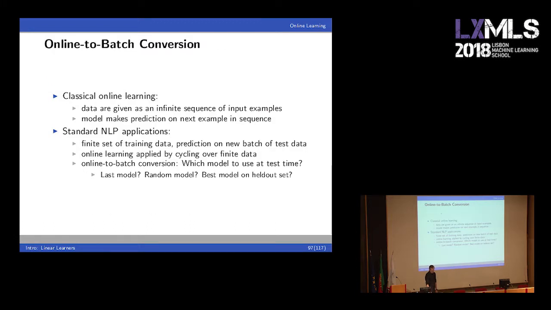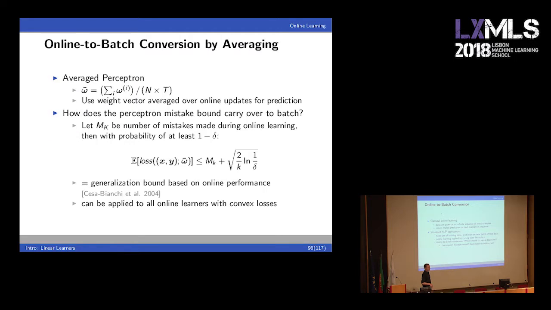Okay. So one of the things that you have to take care of when you do natural language processing is online to batch conversion. All these online algorithms have basically been invented for the scenario where you have an infinite sequence of training data coming in, and for each new training example you make a prediction and you do an update, and then you go to the next example.